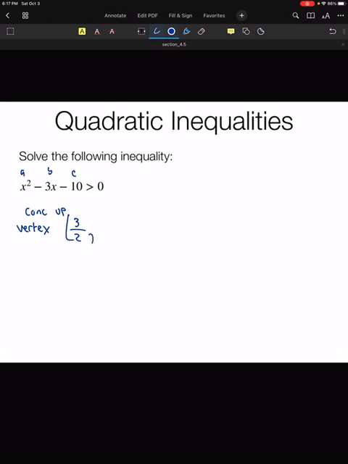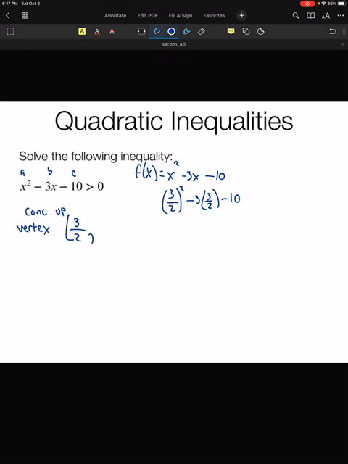And then we substitute 3/2 into the function x squared minus 3x minus 10. I'm going to go quicker than I did the last time just because we've had some familiarity with the process, so I'm not going to explain everything that I did previously. But certainly if you need me to, we can go over that in class.